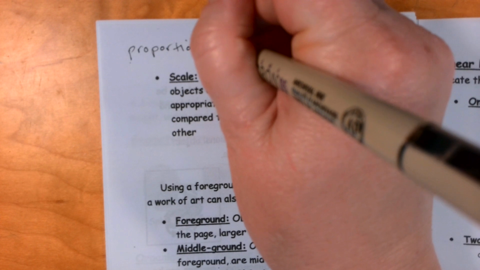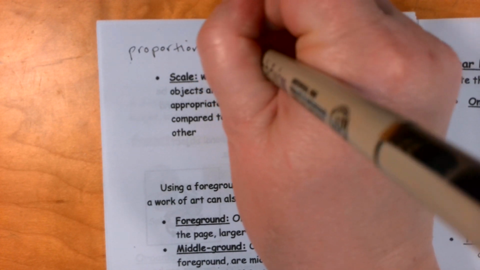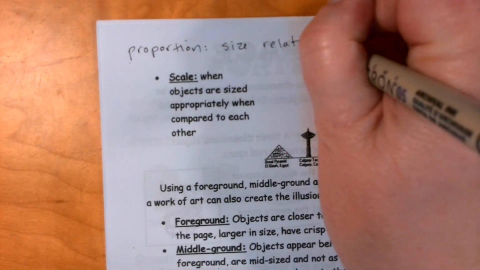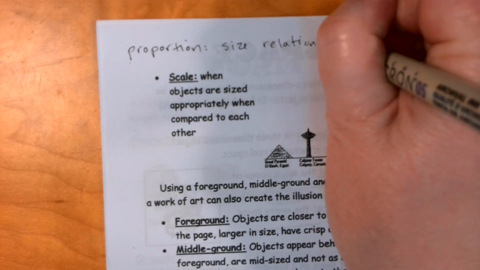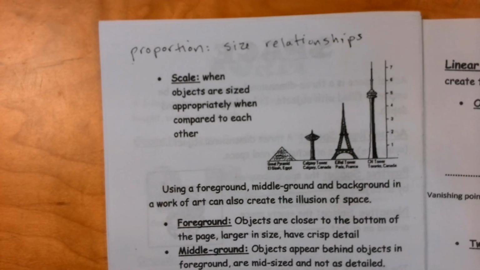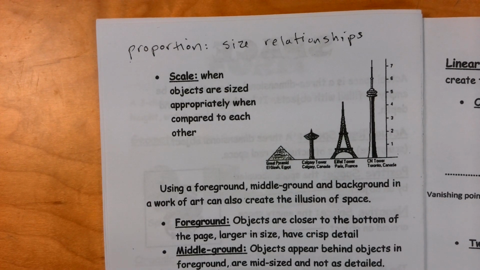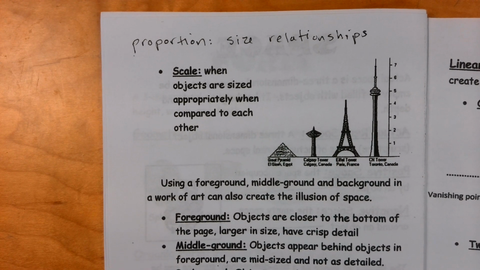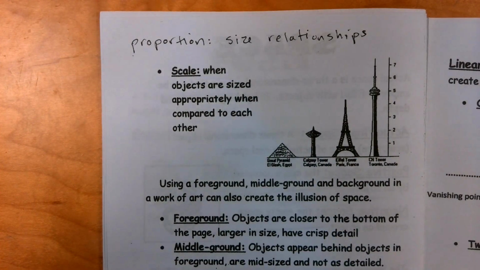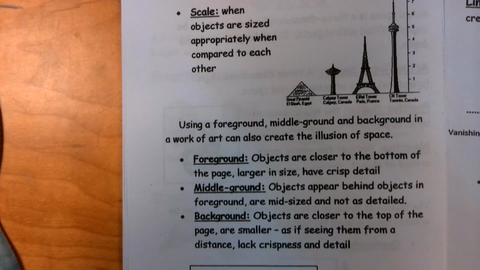Proportion has to do with size relationships, and it's thinking about, if we're drawing a human face, how big our eye is compared to our nose, or how big is our eye compared to the rest of our face or our mouth. And there's definite size relationships that exist that if we don't do them correctly, suddenly we look disproportionate or like an alien, or we do not look real.